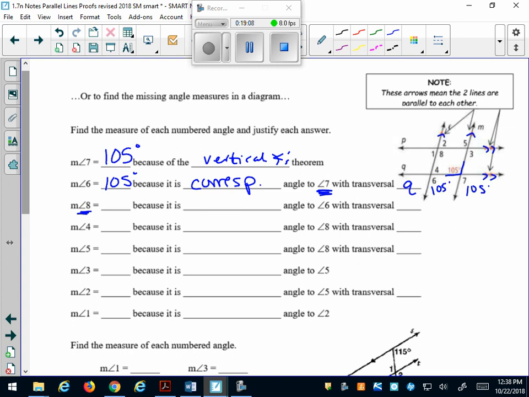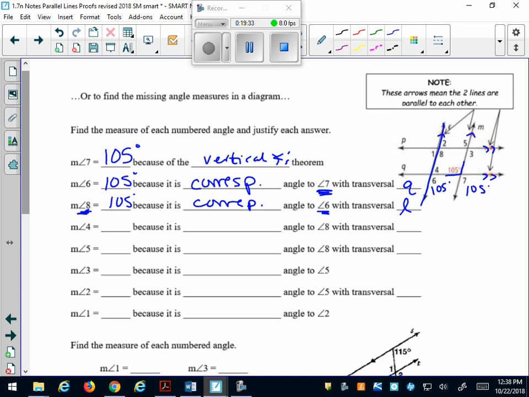So 8 is also going to be 105, and they want us to relate that to 6. 8 and 6 are what kind of angles? Corresponding again, and what transversal? 8 and 6 both touch L, right?